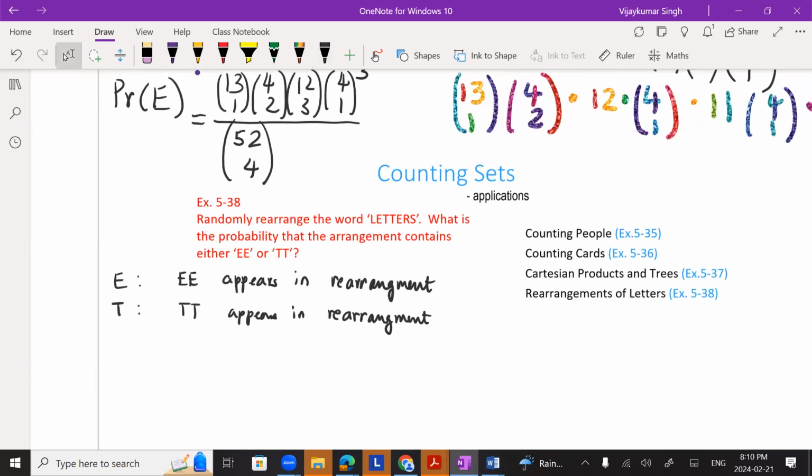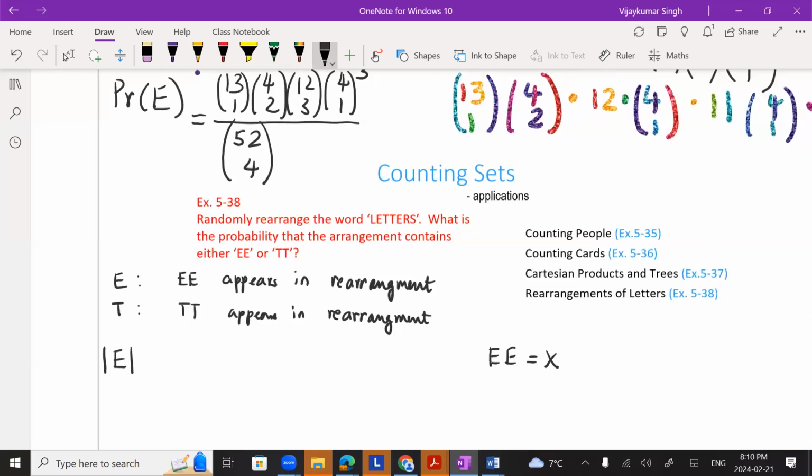Let's try to see what is the size of E. What you want is for EE to be together, isn't it? So how can we have EE together? Let's call EE to be something which is not here. Let's call EE to be X. Now, what are all the permutations we're looking for?